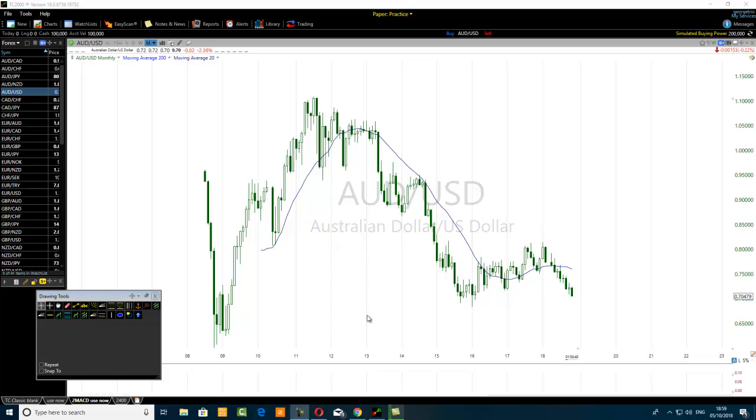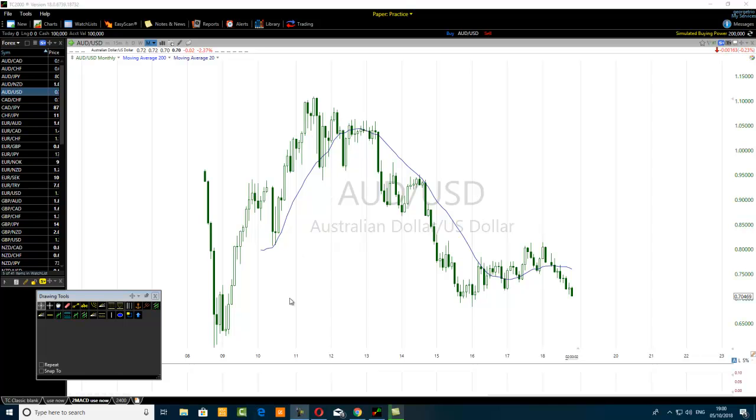We want to understand the message that the price action is communicating to us. We want to interpret the price structure in order to determine the best time one should buy or sell the Australian US dollar.